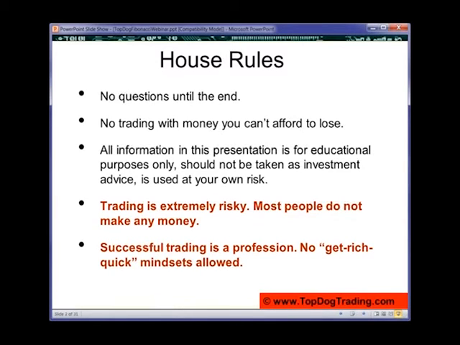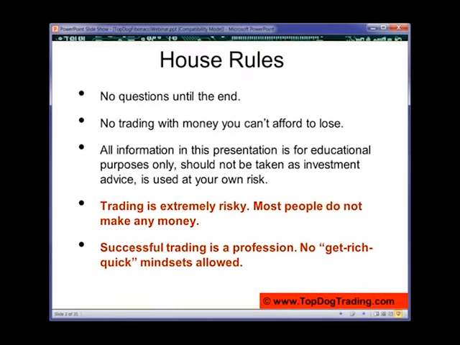Only trade with what we call discretionary money, because trading is very, very risky, and you should not put that type of money at risk. This is so important, I can't stress it enough. All information in this presentation is for educational purposes only. I'm not going to be giving you any specific buy or sell advice, so use all this information at your own risk. As I said, trading is extremely risky. The fact is most people do not make any money. Please be aware of that.